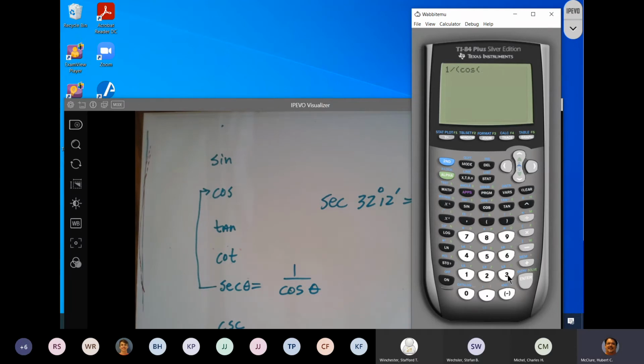So I type in 32, and then I got it. Is it math? No. Second angle, which is apps. There we go. 32 degrees, 12 minutes, and close parentheses, and enter. I get 1.18.